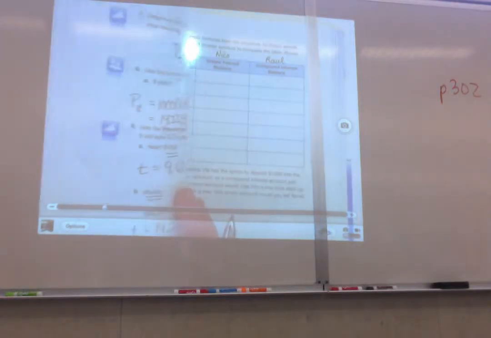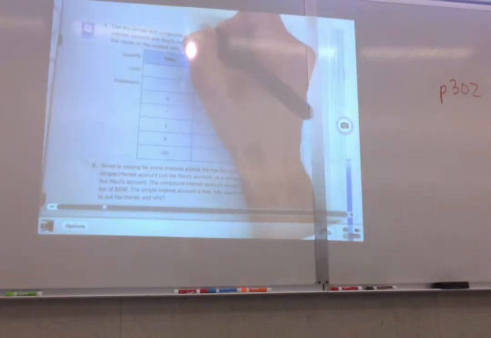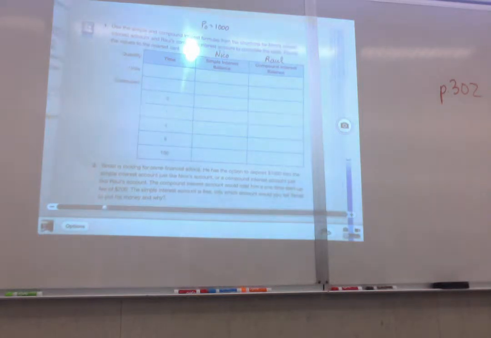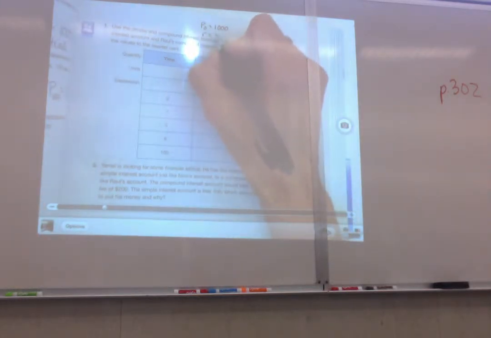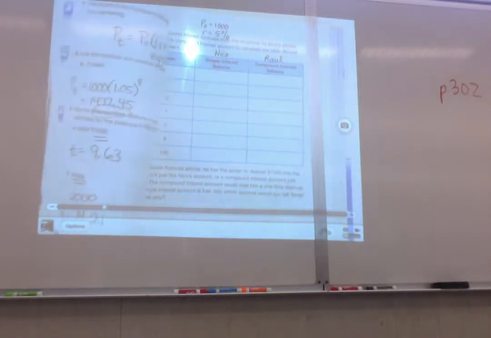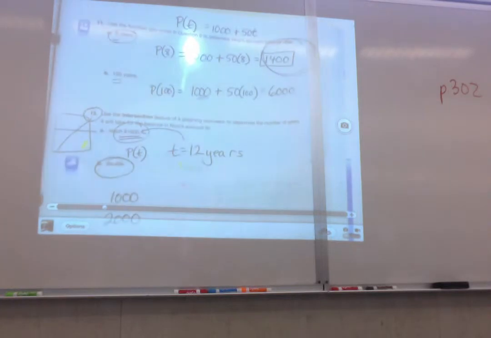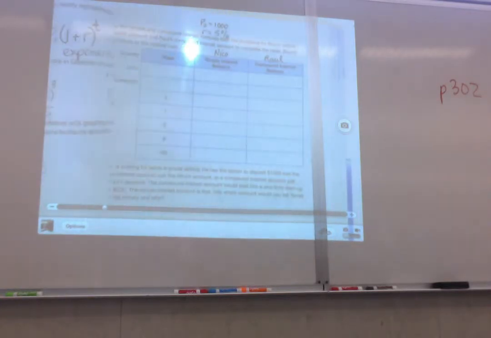So if I flip on back, I'm looking at page 296. Nico started out with $1,000 and his rate was 5%. Then flip a little farther along. We didn't talk about Raul until the next section.